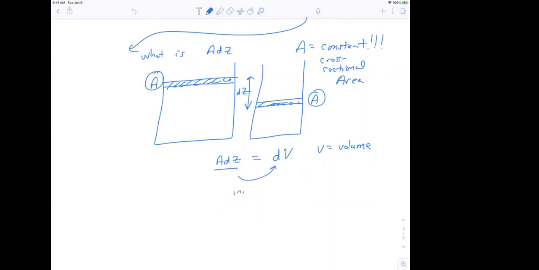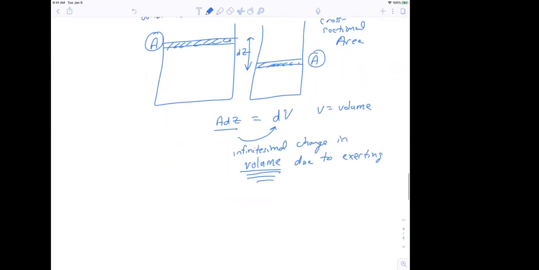is the infinitesimal change in volume due to exerting external pressure on our system, which is equal to the gas.